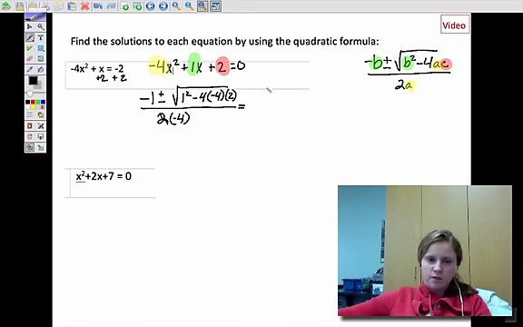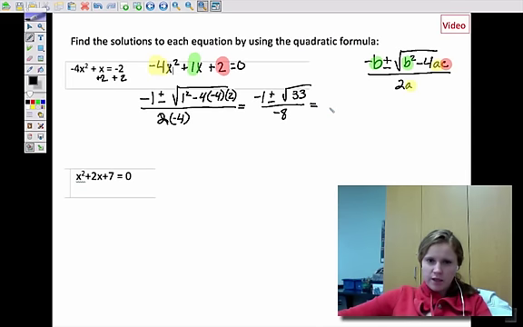If we do some simplifying, that's negative 1 plus or minus, 1 squared is 1, negative 4 times negative 4 is positive 16, times 2 is 32, so that's the square root of 33, all over 2 times negative 4, which is negative 8.